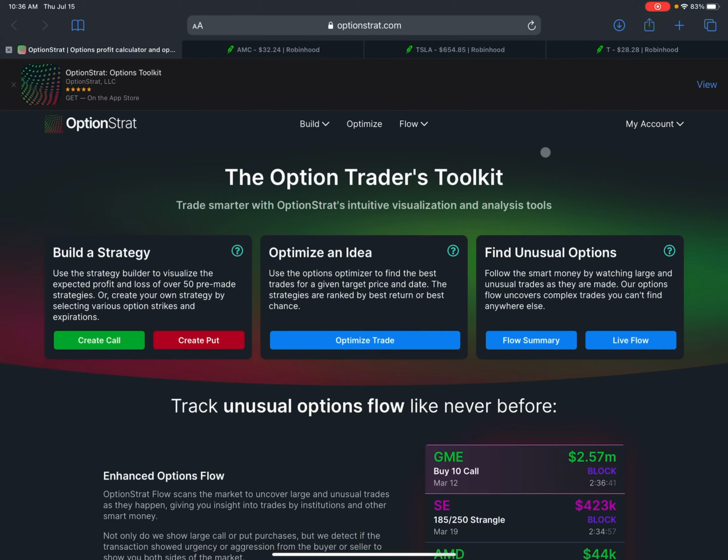Okay, so before you begin with any kind of option strategy, you normally want to do some research on the stocks that you want to invest in. There's a couple different ways you can do it. You can go with stock screeners like Zacks, Tip Ranks, Seeking Alpha, any of those.